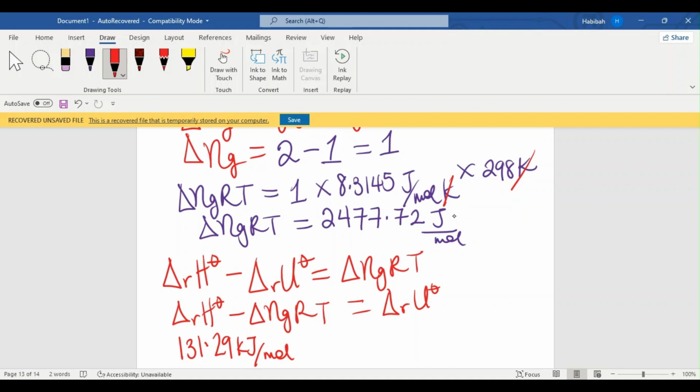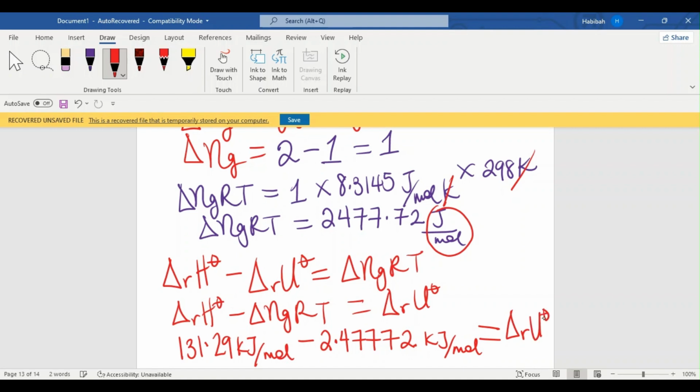Well, in this particular case, we have our information in joules per mole. So going from joules per mole to kilojoules per mole will just involve us dividing by 1000. And if we do that mentally, we get 2.4772 kilojoule per mole, equals change in internal energy of reaction.